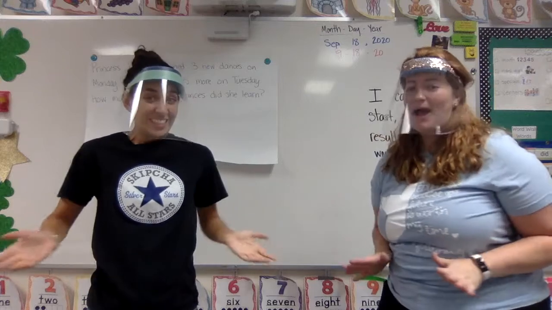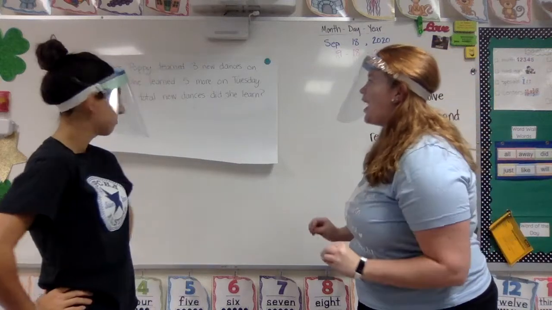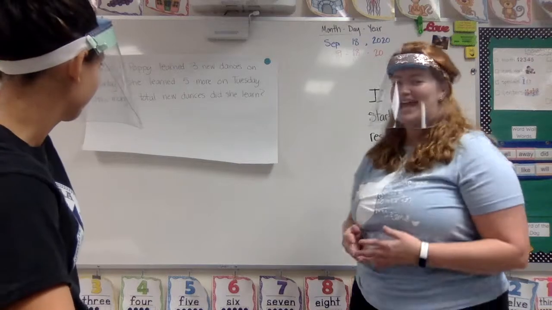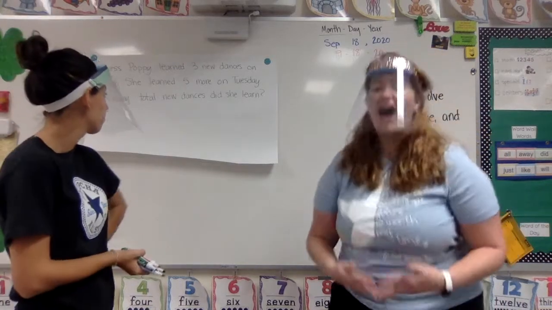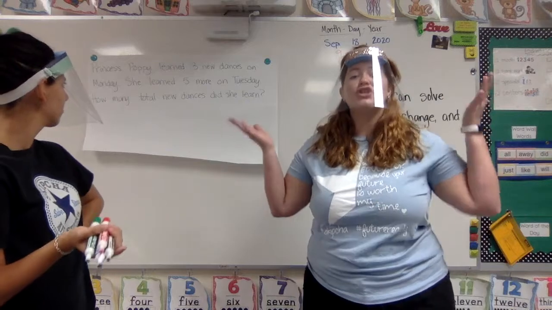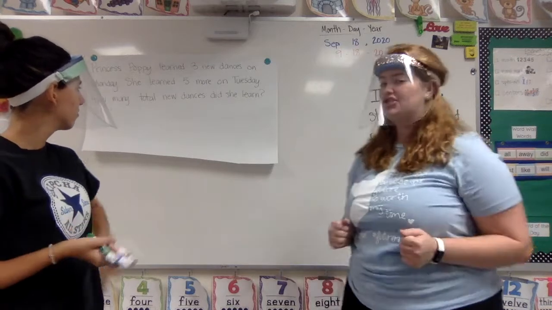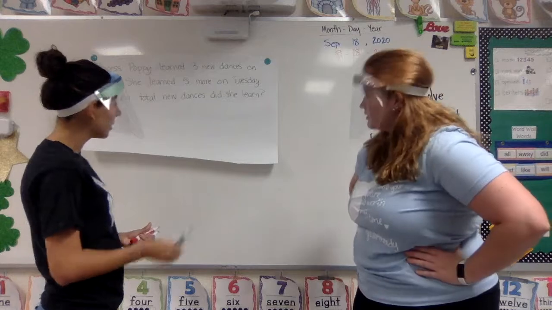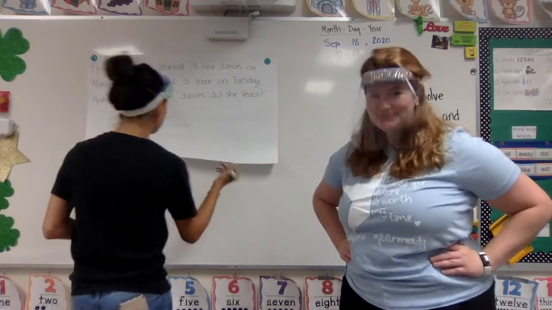Okay, here's our next problem. Princess Poppy learned 3 new dances on Monday. She learned 5 more on Tuesday. How many total dances did she learn? All right. Well, I know that she started by learning 3 new dances.